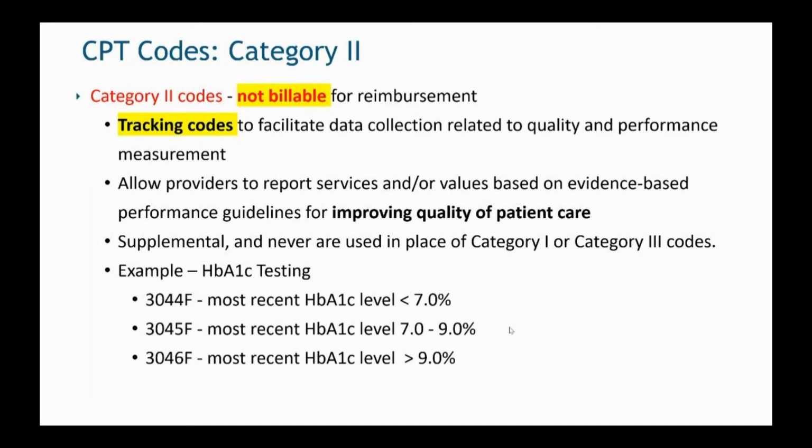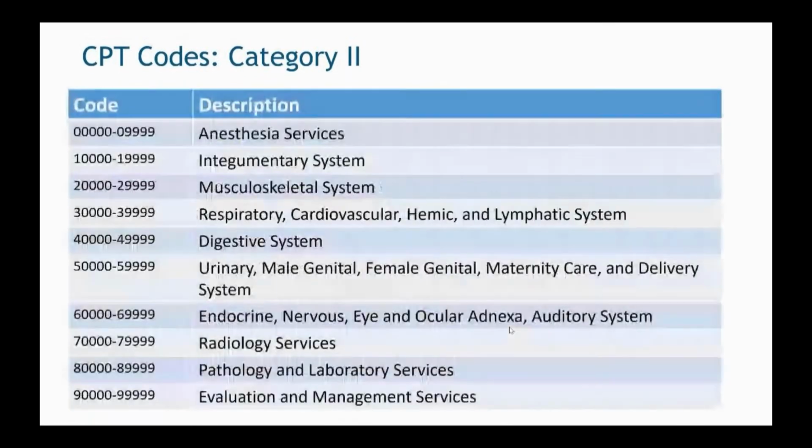So, it's important for providers and health insurers to track certain health data so that better guidelines can be created to help patients with their health care. But these are not billable for reimbursement.